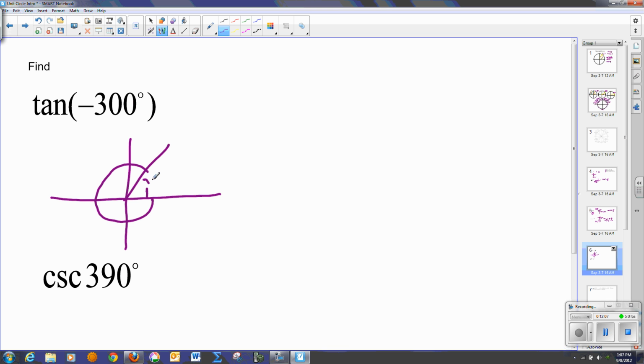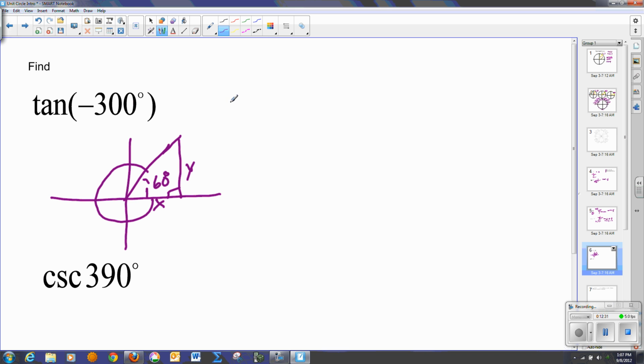And notice, here's my 60 degrees short of that. If I create this little triangle and want to find the tangent of this angle right here, it's going to reflect the height and the base of this triangle. So this is like my y value, this is like my x value.